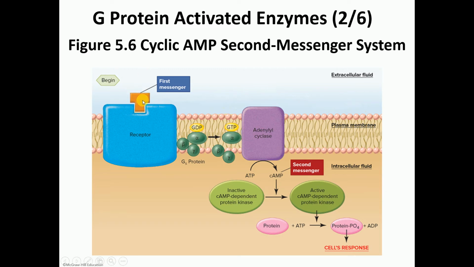Your ligand or first messenger combines to the receptor, changing the tertiary structure of the receptor, leading to activation of this G subunit. Since we're talking about stimulation, this is a Gs protein.